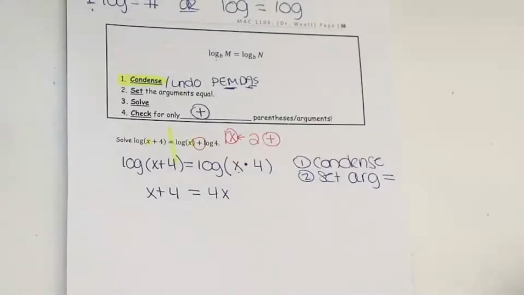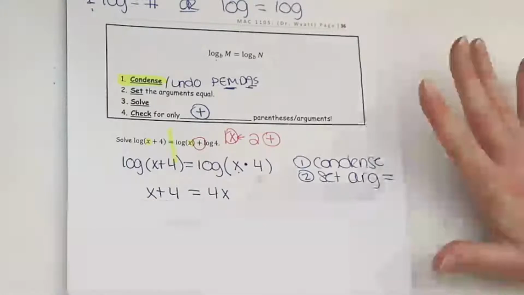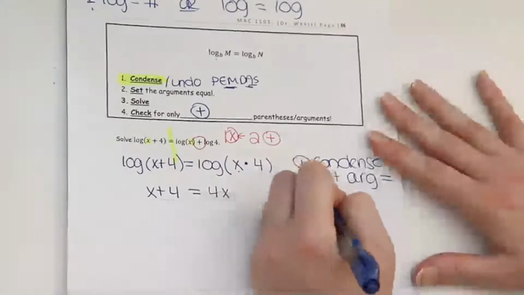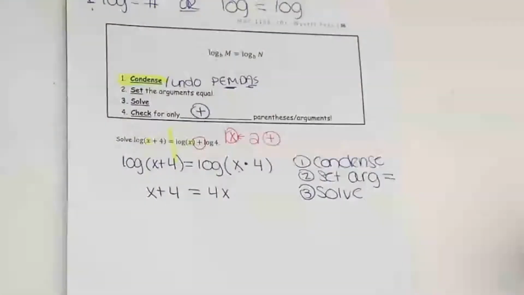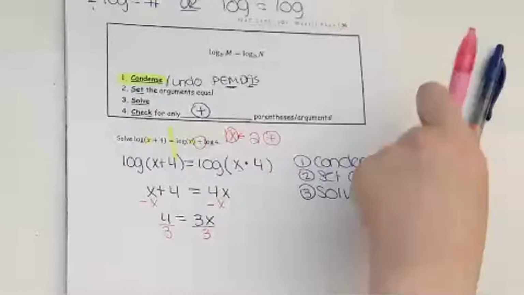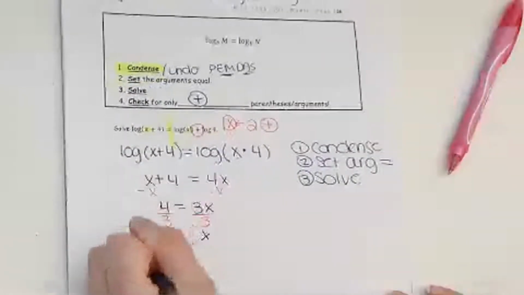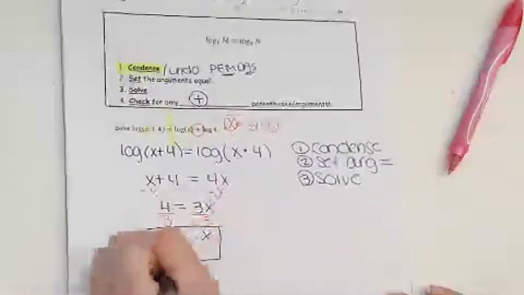So we set the arguments equal. That gets rid of our log problem, and then we just carry on with our normal way of solving. So to solve for x here, we'll probably subtract x from both sides, and that will give us x is equal to 4/3.